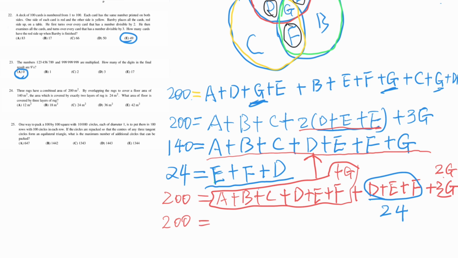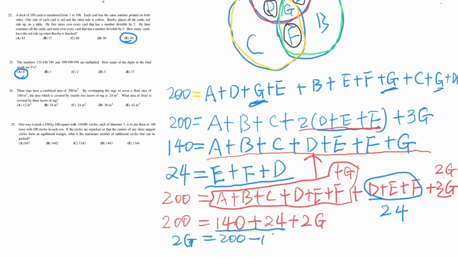So 200 equals, this part equals the 140, A plus B plus C plus D plus E plus F plus G, and plus D, E, F, substitute with the 24. And now plus the 2G. That's good, we just have one variable. So 2G equals 200 minus 140 minus 24.